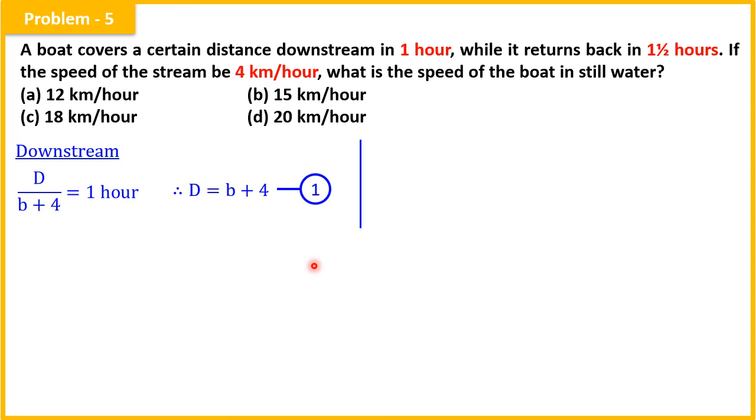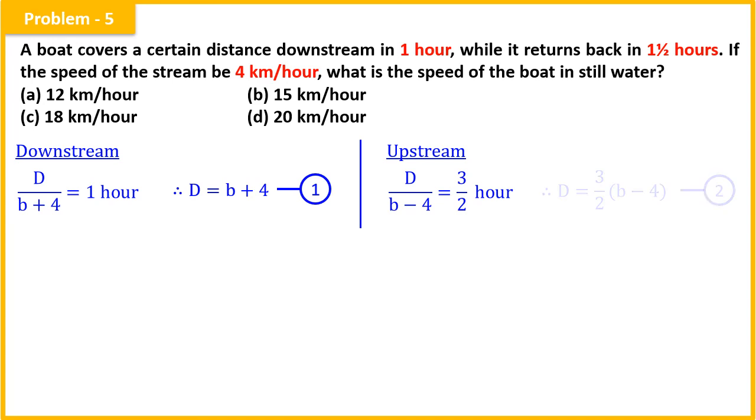Now, when he is going upstream, the time required is 1.5 hours. That 1.5 hour is equal to same distance d divided by upstream speed, which is equal to speed of boat minus speed of water current, and 1.5 hour converted to fraction as 3/2 hours. Okay.